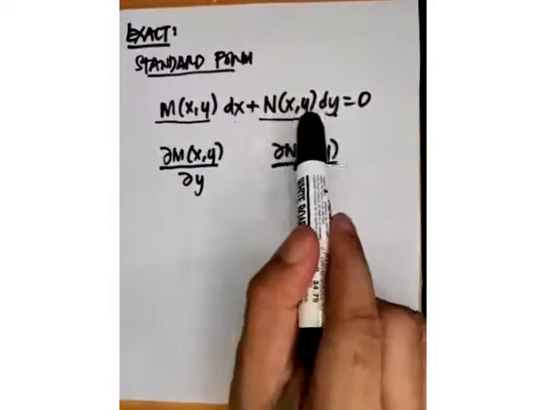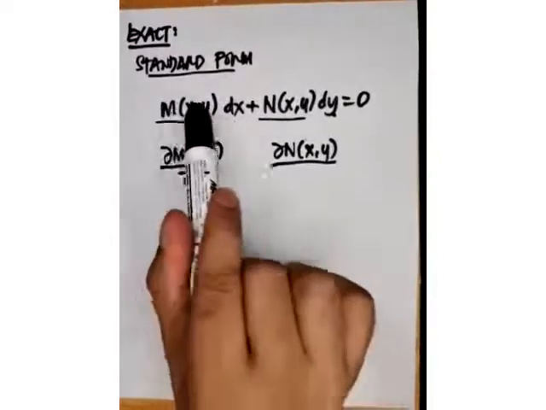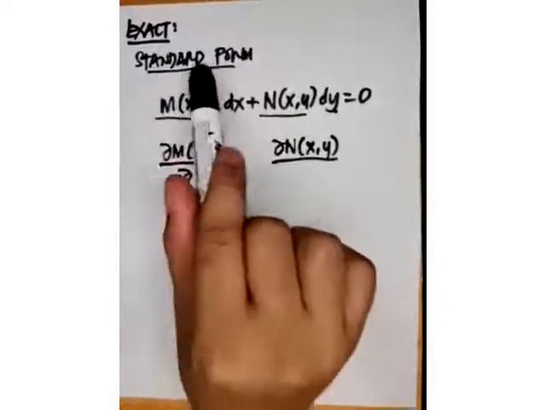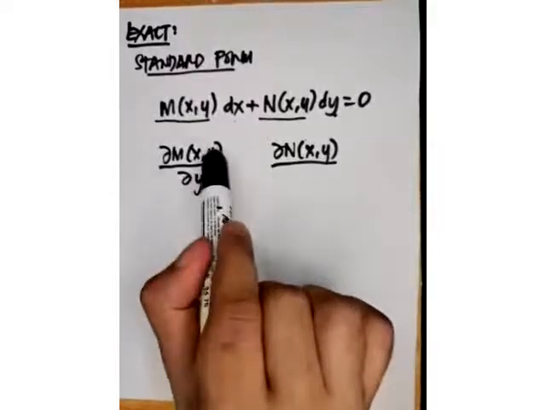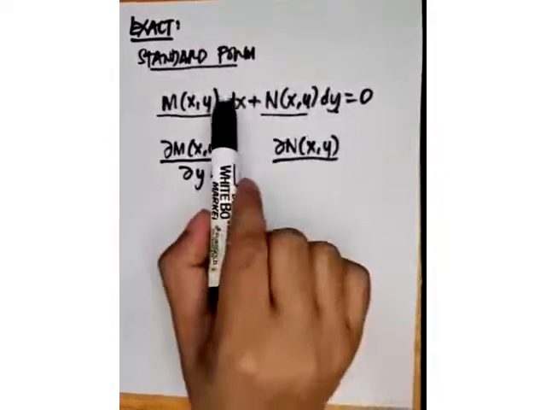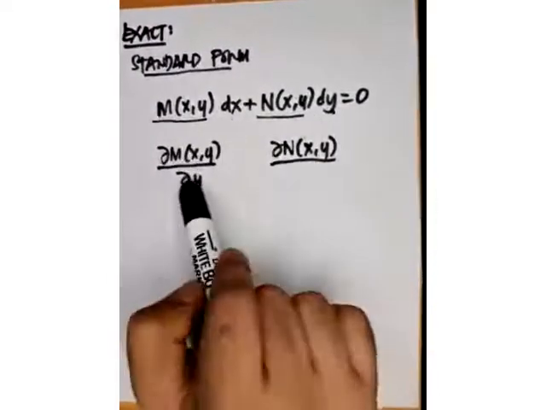If you will define this as exact, let's get the partial derivative of M, the term that goes with dx. All the terms here, we take their derivative with respect to y, the opposite of dx. Since M goes with dx, we derive it partially with respect to y.